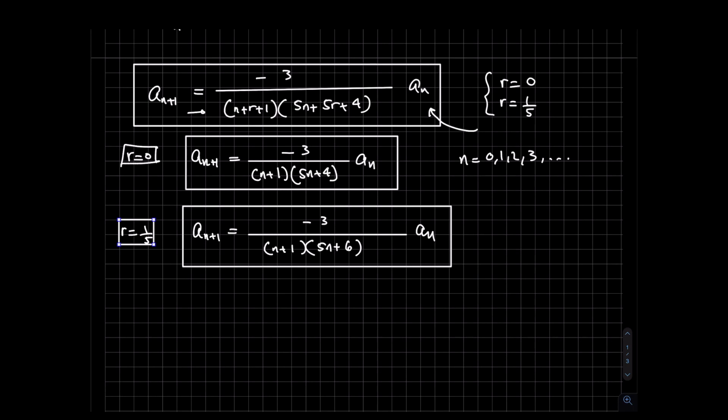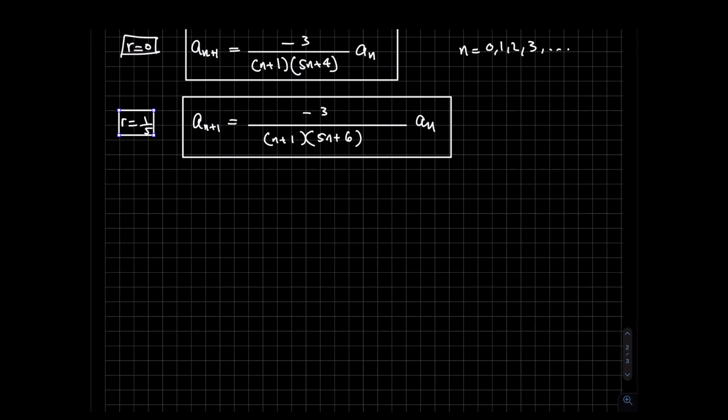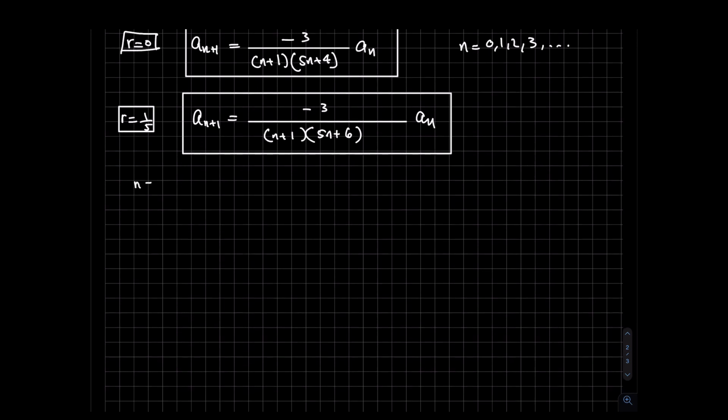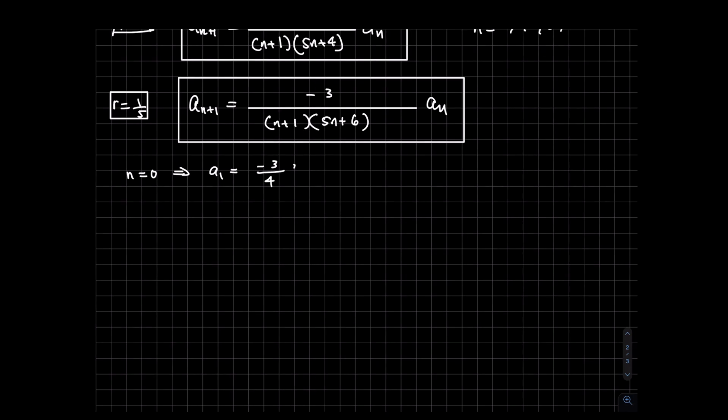So each one of these will give you a different solution. Now for the first one, a_{n+1} is equal to negative 3 over (n + 1)(5n + 4) a_n. For that one, I'll do that one for you. If n is equal to 0, then I'll get a1 is equal to negative 3 over 1 times 4, which is 4. So you get negative 3/4 a naught.